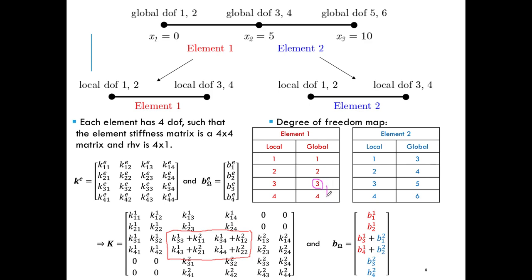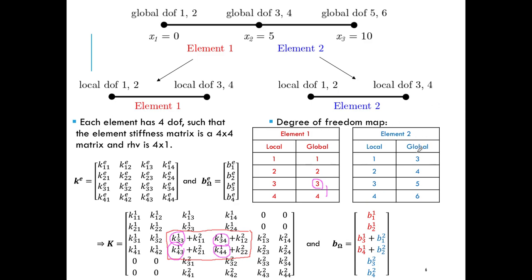Then 3 4 के ऊपर मेरे पास है 3 4 from element 1, and finally 4 3 के ऊपर I'll have 4 3 from element 1. तो ये सारी terms आ गई, right? ये वाली and ये वाली from element 1.